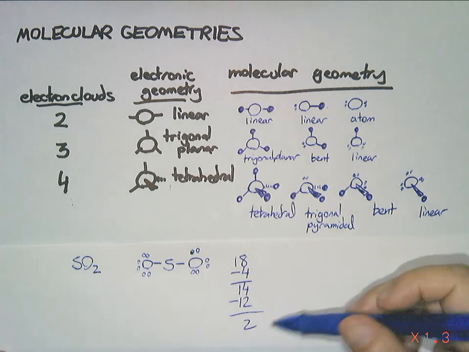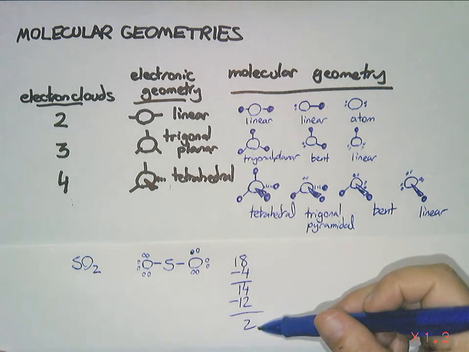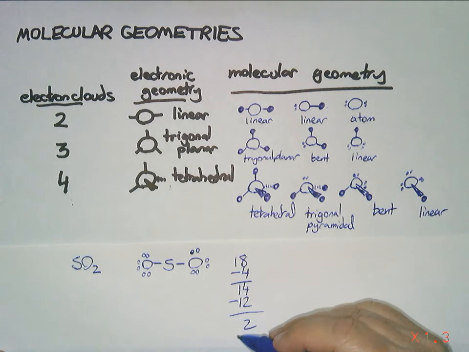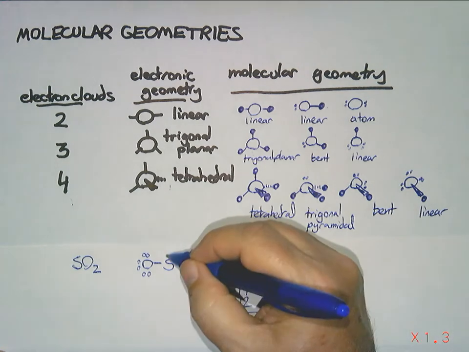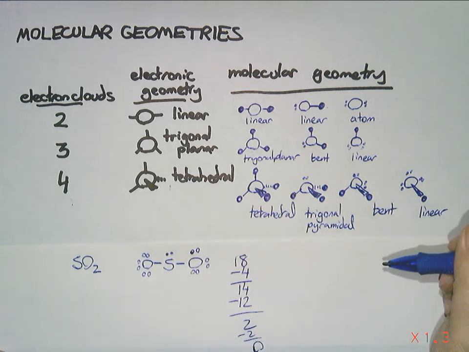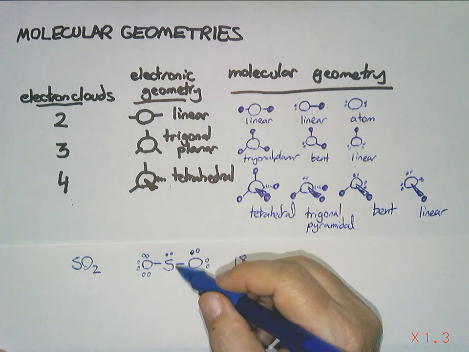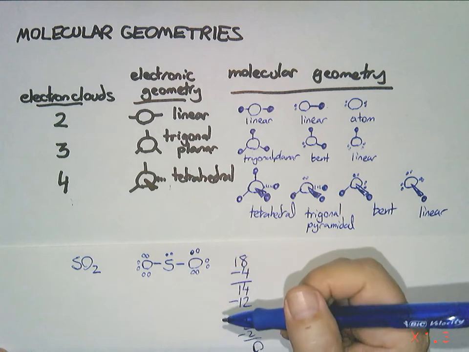The next step is dump the remaining electrons on the central atom. So there's my structure. Is the central atom satisfied? No, it is not. It needs 2 more electrons to have an octet.